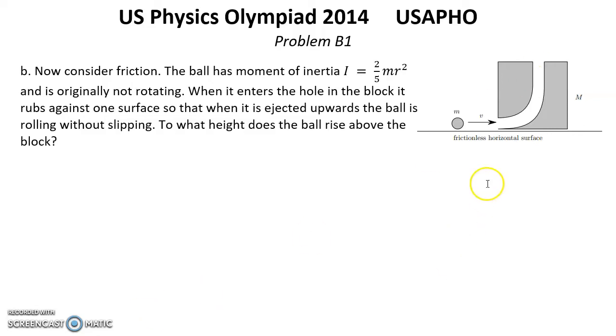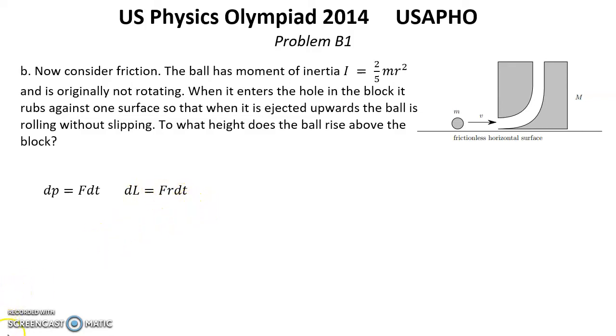So during the motion inside of this block, we have a change of linear momentum and a change of angular momentum for the ball, and there are equations. Change of linear momentum, delta P, equals force multiplied by delta t, and the change of angular momentum equals force multiplied by radius multiplied by delta t.